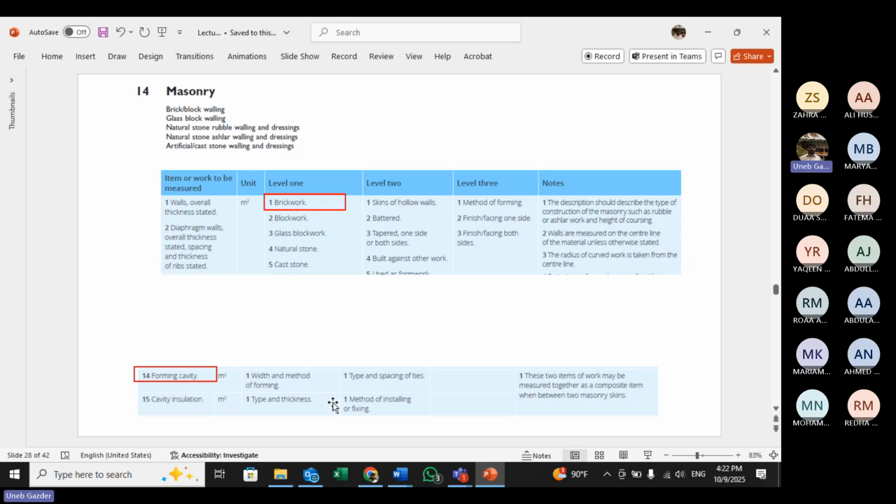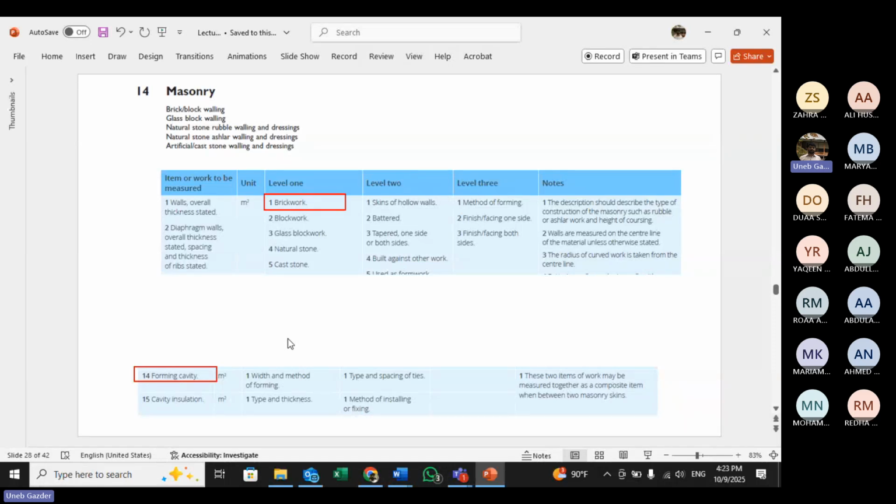So this is the masonry section, number 14, and this one is for block work, brickwork. You have to mention the thickness. If you are giving hollow walls, then you have to mention it. If you are using any formwork, it depends. Then you have cavity, a gap between the two walls.